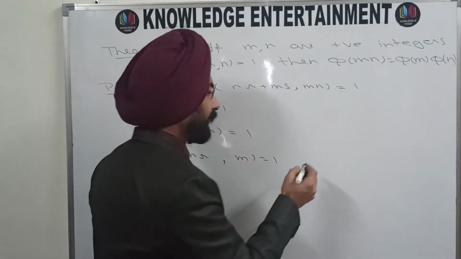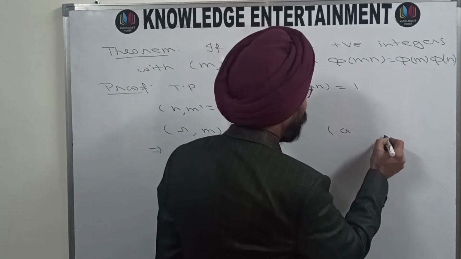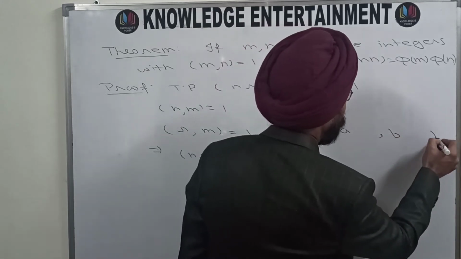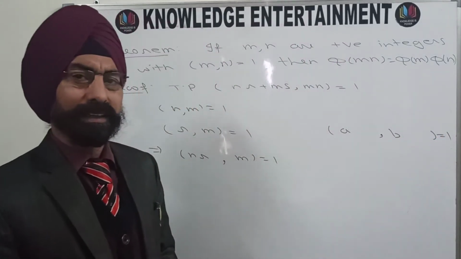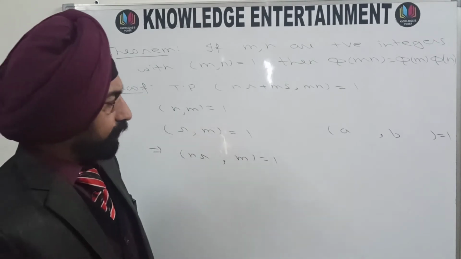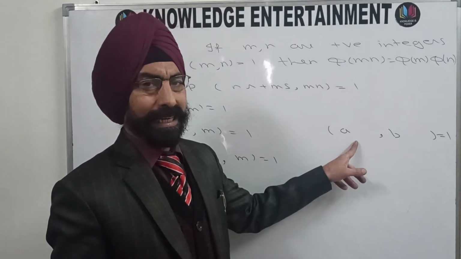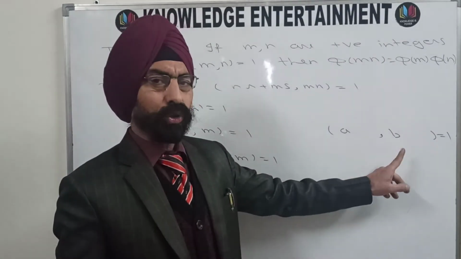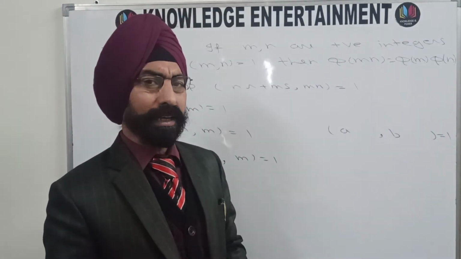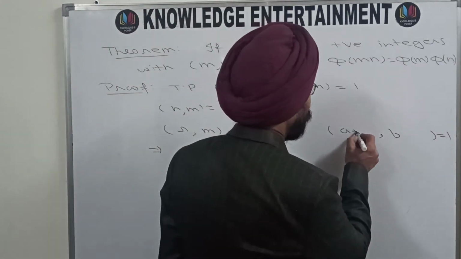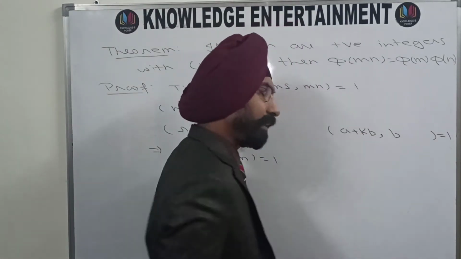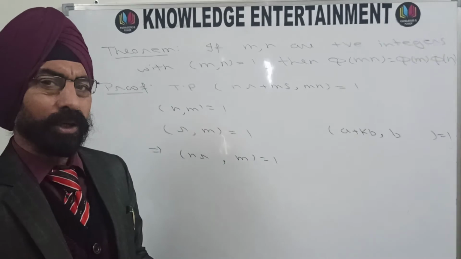Now note that if GCD of a and b is 1, then if you add any multiple of b to a or any multiple of a to b, the GCD will remain 1. That means if you add k times b here, the GCD will still be 1.